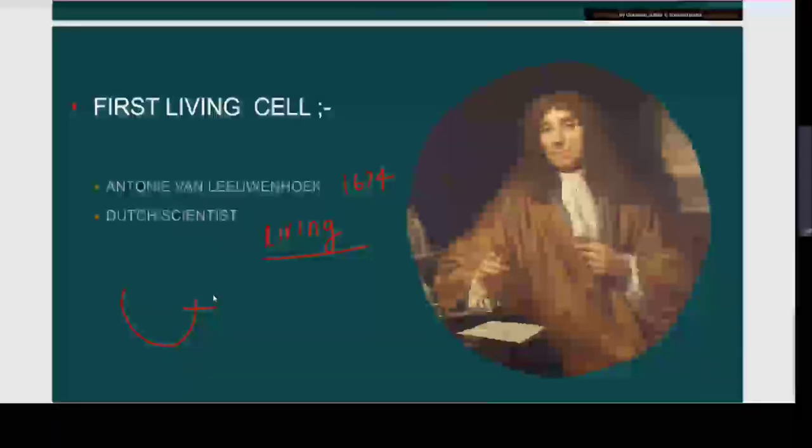He collected some water from a pond and viewed it under his self-designed microscope, and he saw simple structures like amoeba, bacteria, and some aquatic microorganisms. So that is all about the discovery of the cell, what a cell is, and what cytology is.